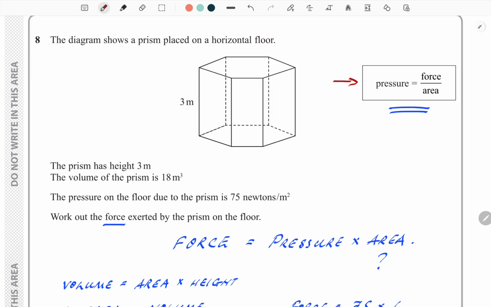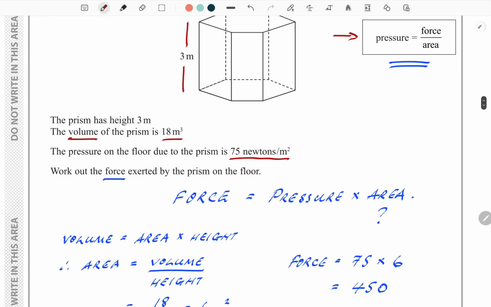The prism is 3 meters tall, and the volume of the prism is 18 cubic meters. Everything's in meters here. Then they give you data on the pressure, which is 75 newtons per square meter. They're asking you to work out the force exerted by the prism on the floor.